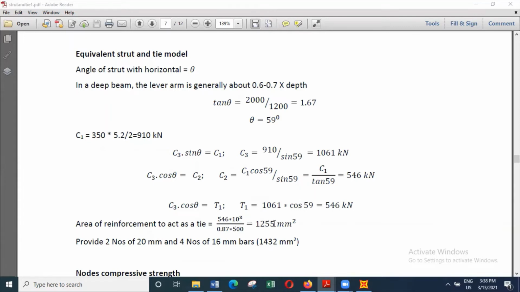So you can see 1255 millimeters squared of cross section is needed, which can be provided by using two numbers of 20 millimeter bar, that is 314 into 2, 628, plus four numbers of 16 millimeter bars, that gives 804. 804 plus 628 gives 1432 square millimeters, which means that would be adequate to resist this tensile force.